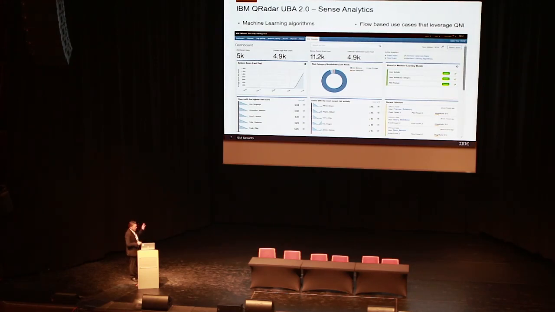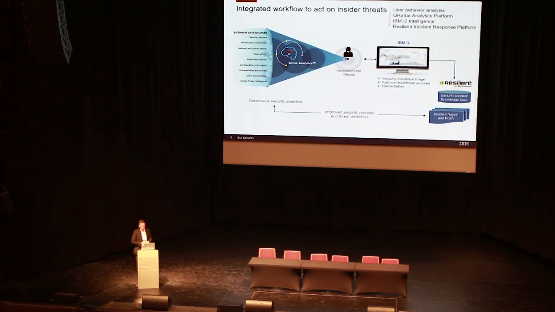I just left this slide here. This is the QRadar user behavior analytics screen. As I said, usually you need a starting point when you start the investigation: the first hint that something looks suspicious. You don't know exactly what, but this is why you are running the investigation with I2 later on. So this is how, for example, the IBM QRadar user behavior analytics looks on your screen.